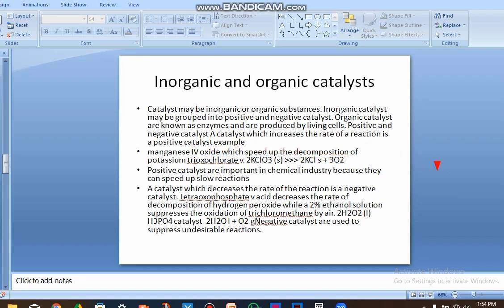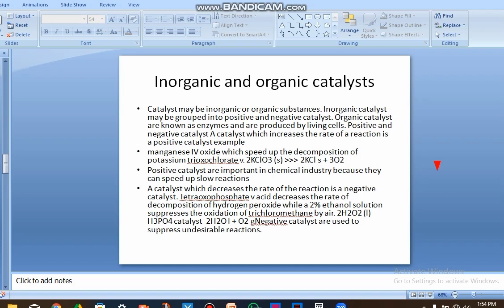Just know that a catalyst is put in a chemical reaction to improve its reaction rate. Because without a catalyst, the reaction will be very slow. The reaction will not attain equilibrium in a shorter time. It will attain equilibrium in a longer time.